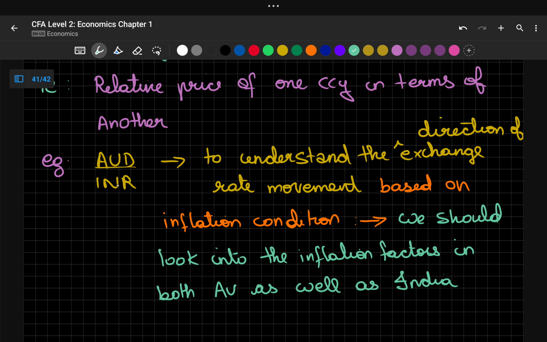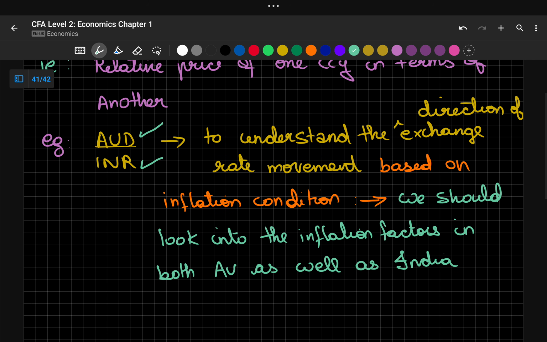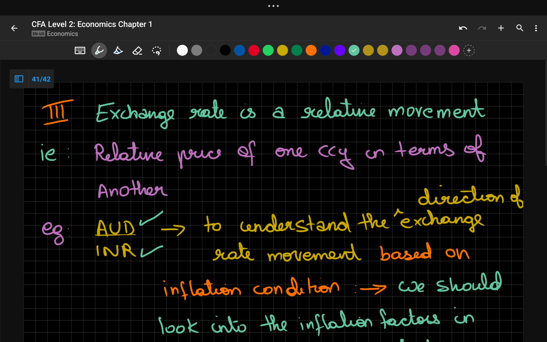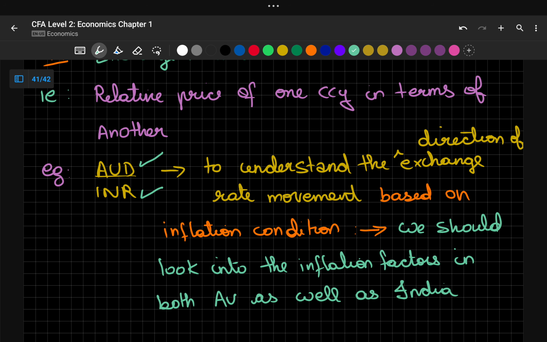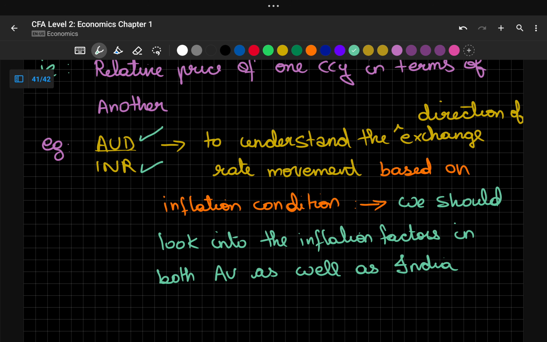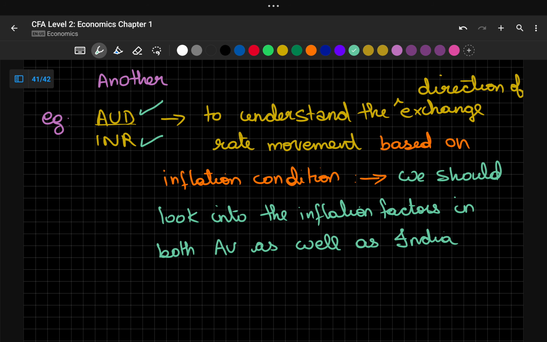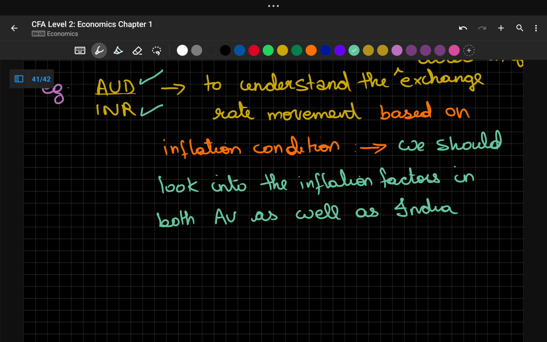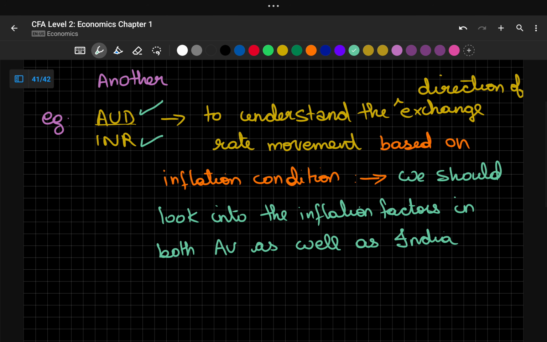The AUD and INR exchange rate movement is dependent on the market condition of both Australia as well as India. That's why exchange rate movement is the relative price of one currency in terms of another. To understand the movement, we should look into the market conditions of both countries whose currencies we are looking at. Hence, factors affecting the currency of both countries are relevant.